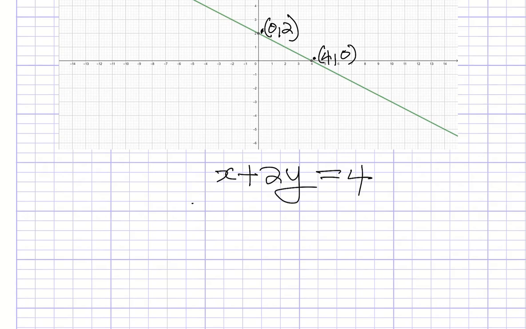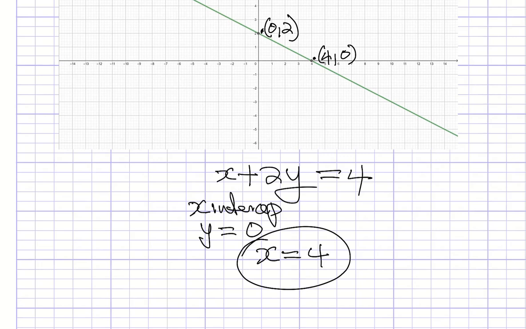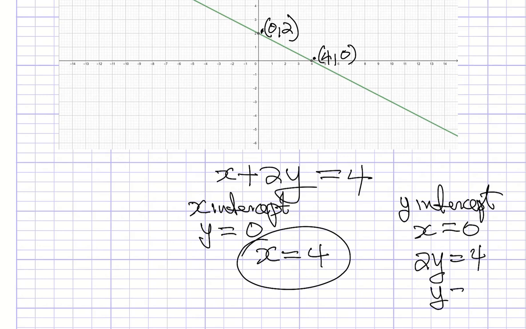Let's say this is the x-intercept. For the x-intercept, you set y to 0, and then you solve, you get x equals 4. Because if you put y equals 0, y disappears. The same thing with the y-intercept. You put x equals 0, and then you have 2y equals 4, y equals 2.